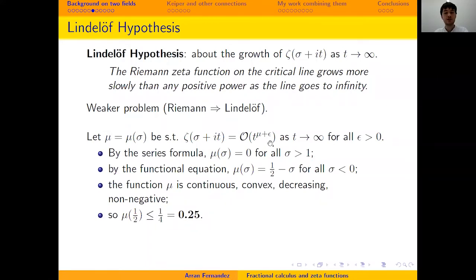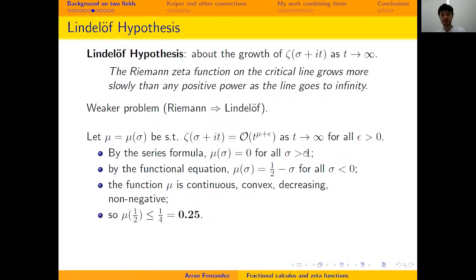So what sort of power function can you use to bound the Riemann zeta function? That's what we're looking at here on a particular vertical line in the complex plane. You fix the real part, you let the imaginary part vary, you say how does the function grow as you go to infinity.